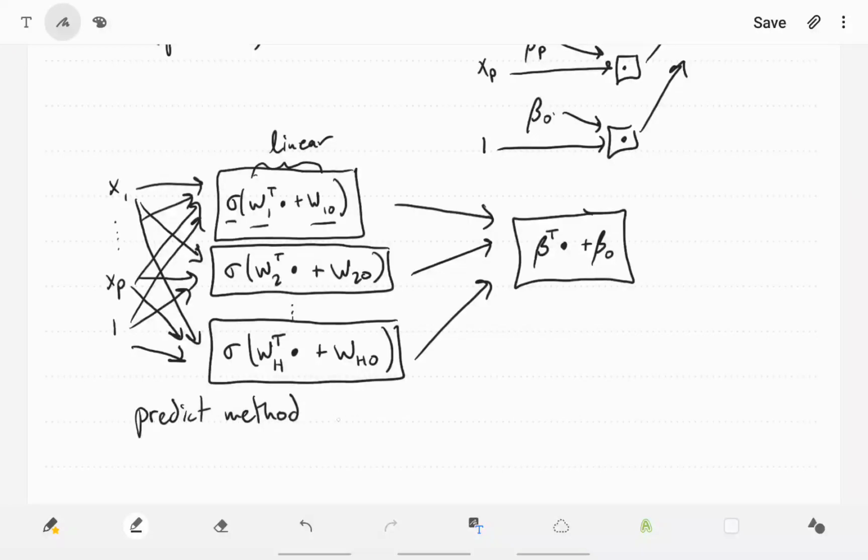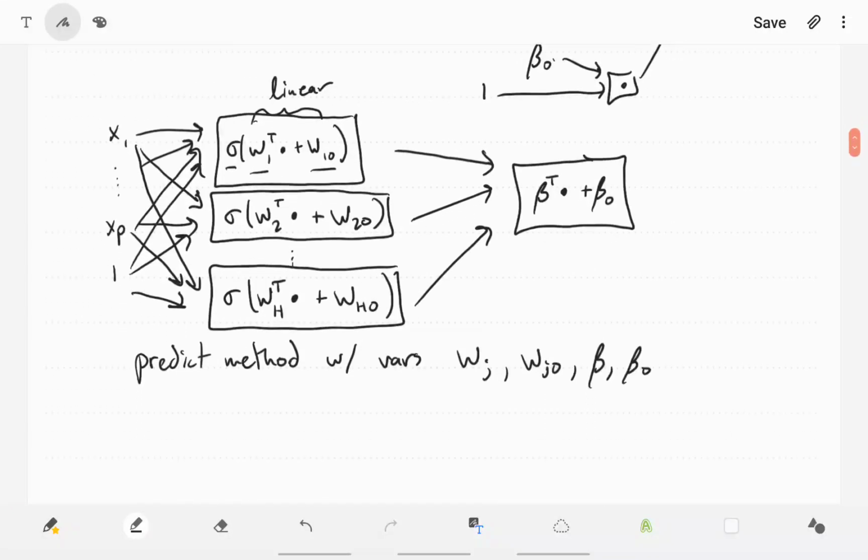It has trainable variables wj, wj naught, beta, and beta naught.